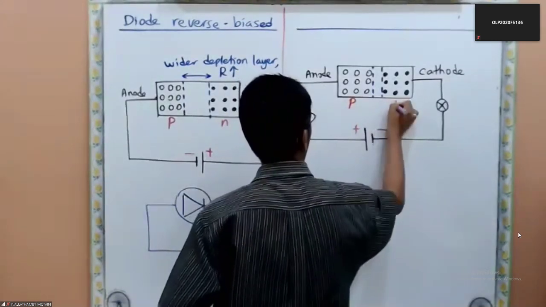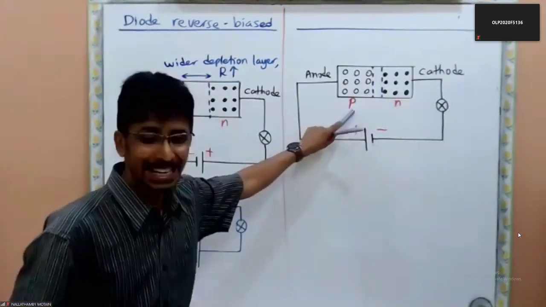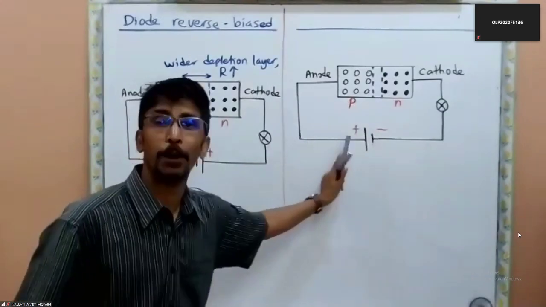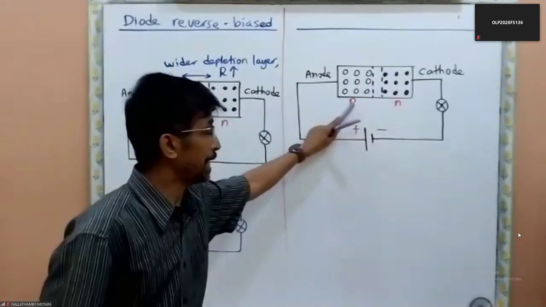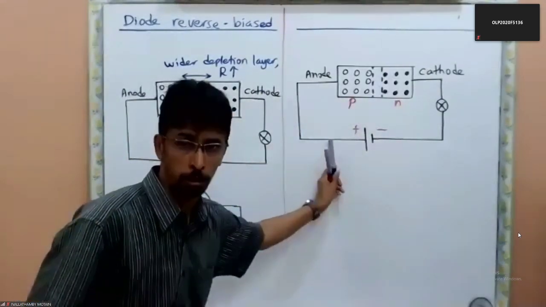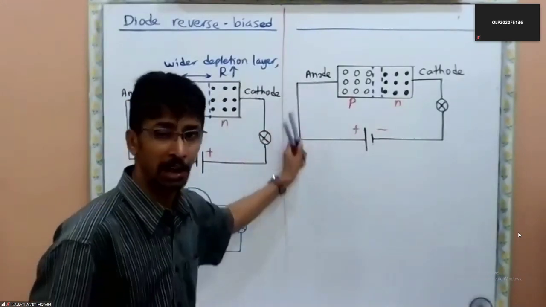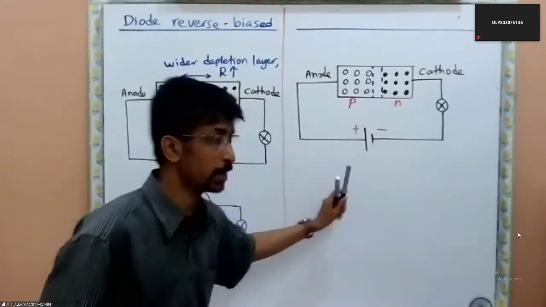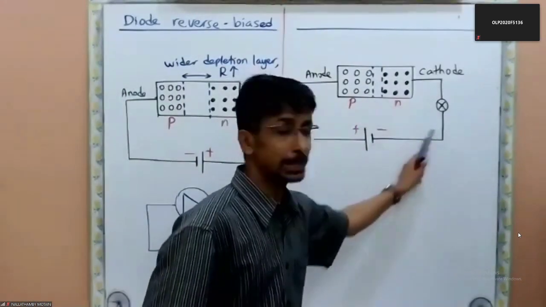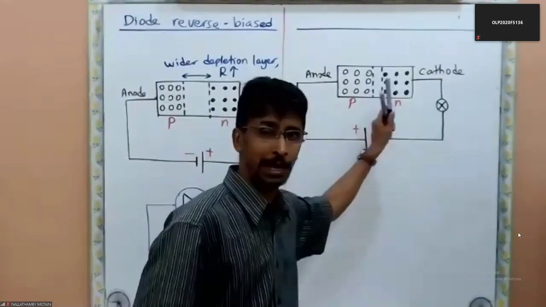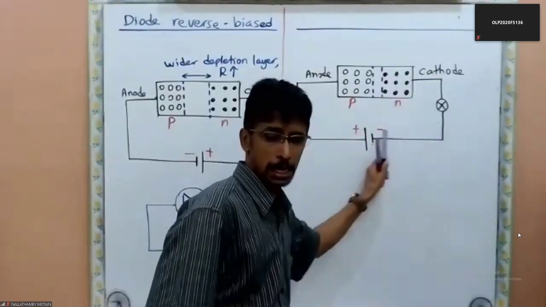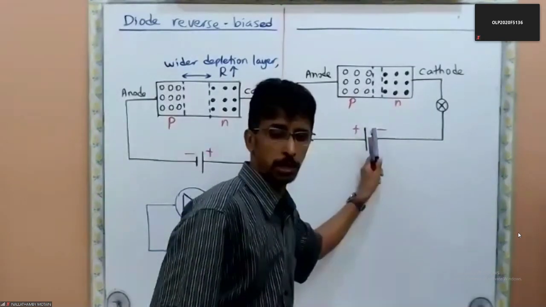P type. Okay, P type connected to positive terminal of battery, or anode of diode connected to positive terminal of battery. N-type connected to negative terminal of battery, or cathode of diode connected to negative terminal of battery.